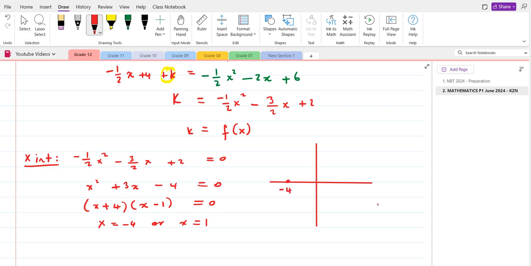Minus 4 and 1. And my turning point is here at minus 3 over 2. Turning point is somewhere around here.